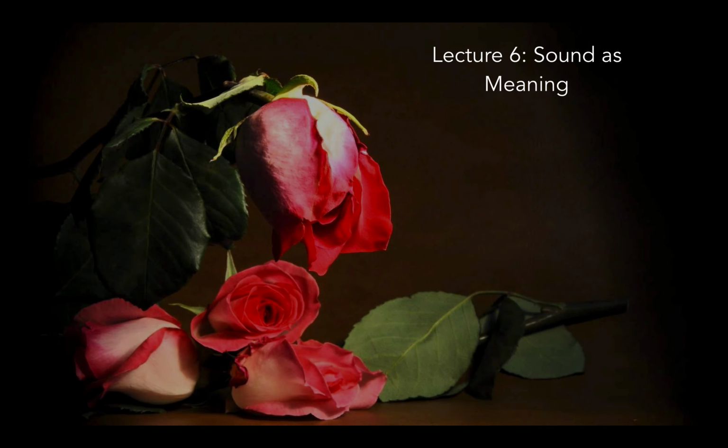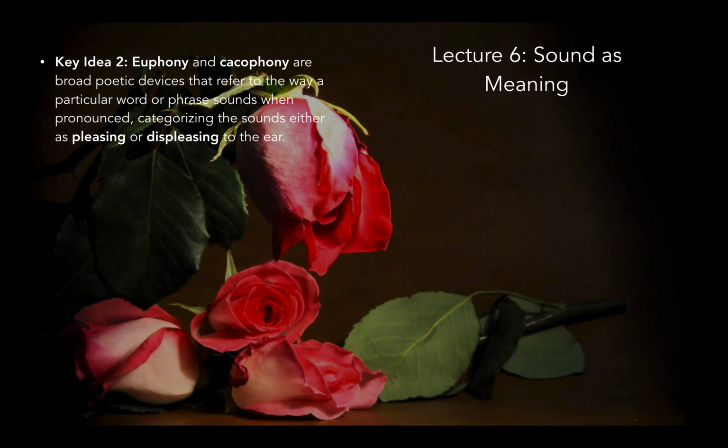So the two broad categories of ways of describing the sounds in a poem are that the sounds can be euphonic or harmonious, which just means generally good, or cacophonous. Another word for that might be dissonant, or very simply bad.